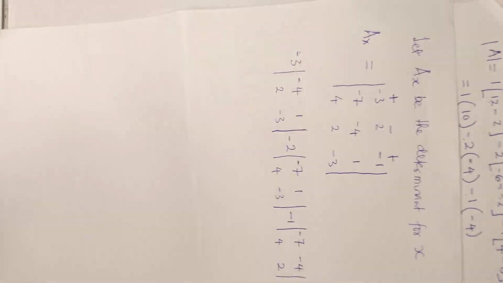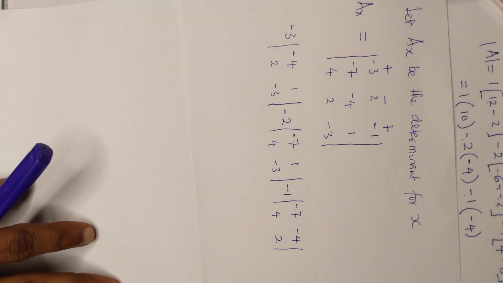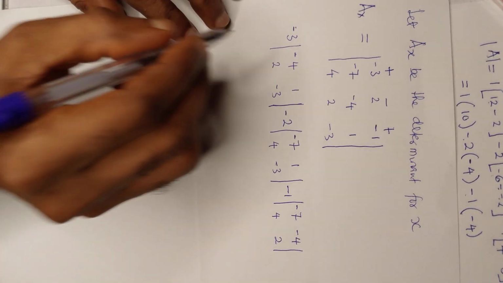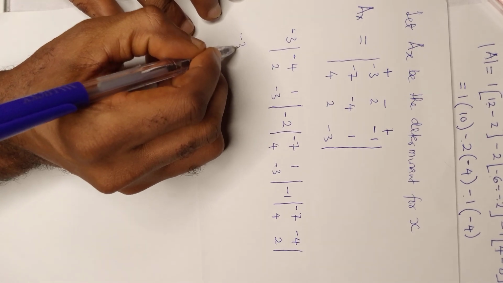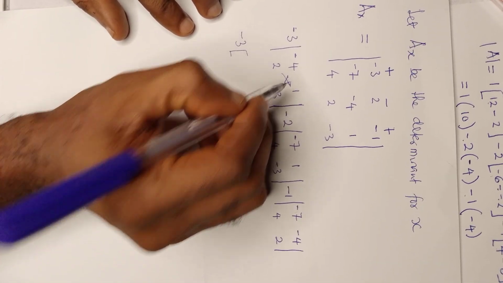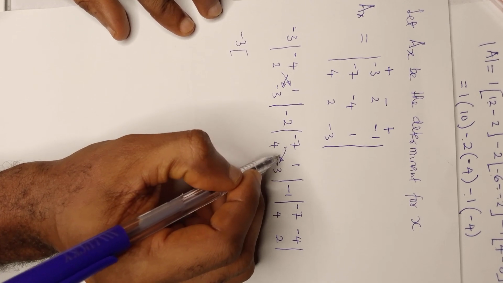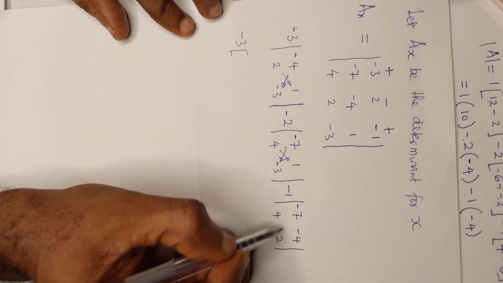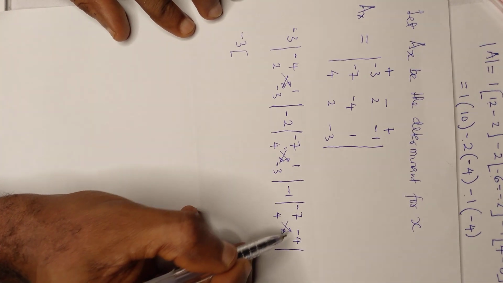Having done that, we can solve it down. So in solving, we multiply this first, then this second.